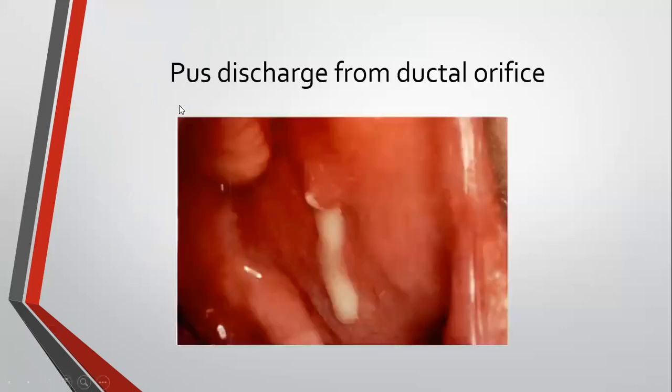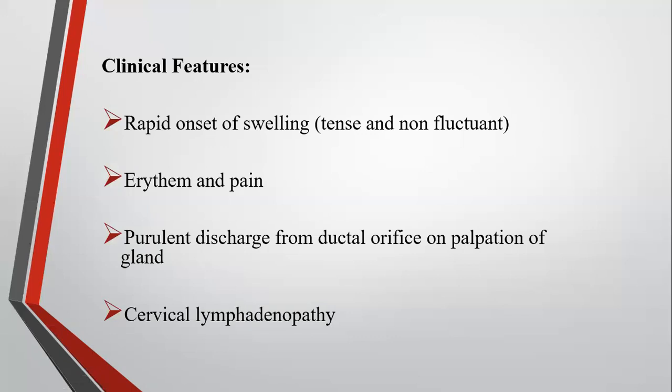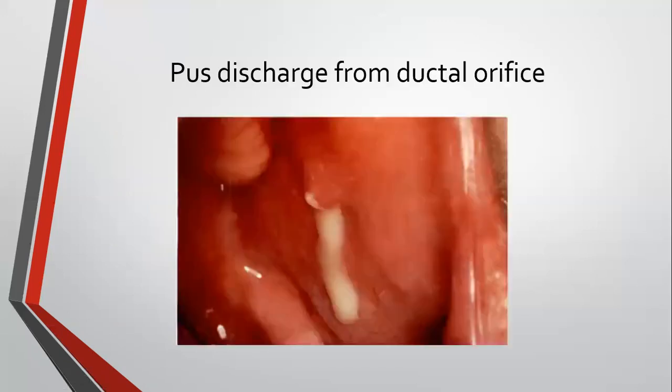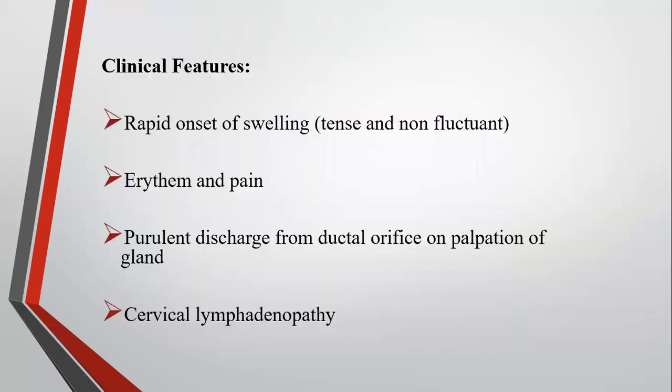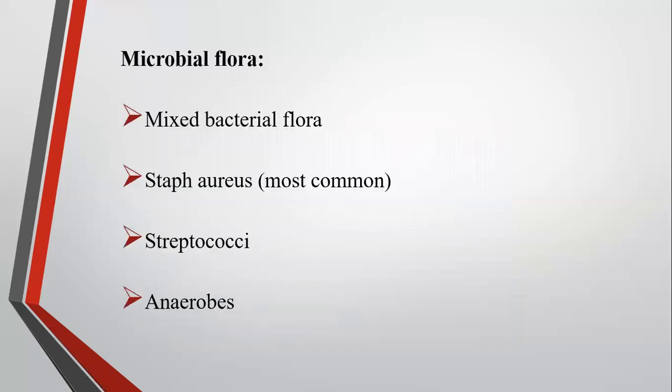Okay, you can see in this picture the pus is being discharged from the ductal orifice. A patient presenting with purulent discharge from the ductal orifice, cervical lymphadenopathy, and other symptoms and signs like erythema and pain, you will know that he is suffering from bacterial sialadenitis.